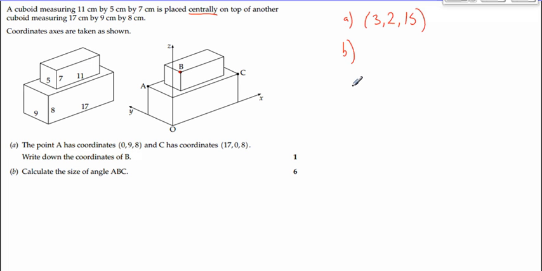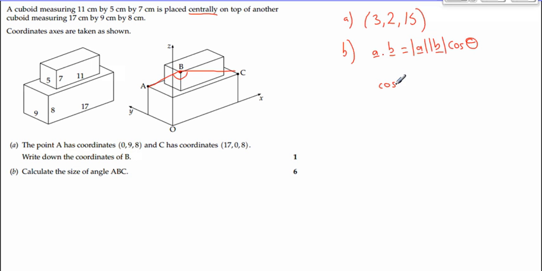Now calculate the size of angle ABC. So that's A to B to C. It's this angle here that you're looking to calculate. For vectors, we know from our formula sheet, if we want to calculate an angle, we're going to be using this formula that we arranged for cos theta.